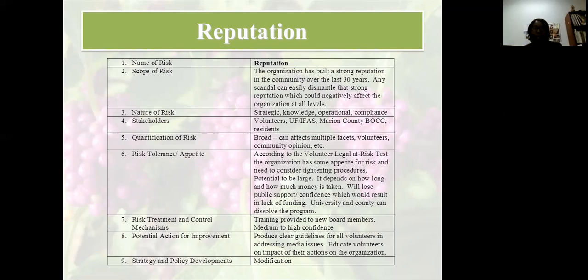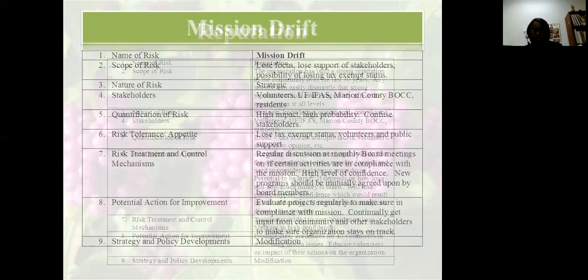And so you don't want your master gardeners to be talking to the media when something terrible happens. So my master gardeners know if there's a controversial issue that needs to be addressed, it's either myself or the county public relations officer who handles that particular issue. Because if they say something wrong, that's not going to be a good thing. So modification would be the strategy to address that.